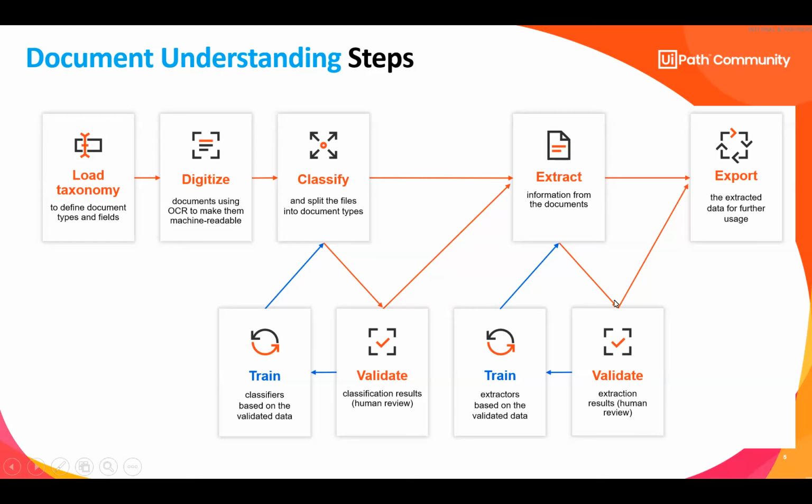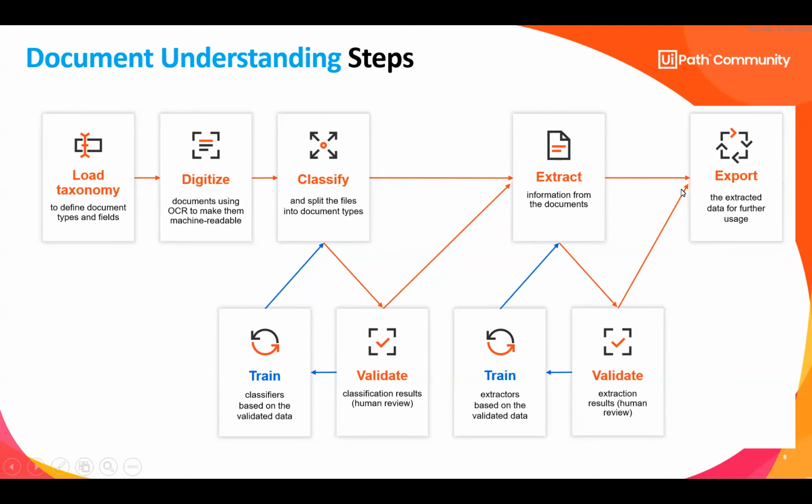Again, we can send the document for human review and then retrain the extractor. That way the platform will be able to learn from the human validated data. If I don't want to retrain any extractors, then simply send the invoice to human review and quickly jump to the next step or stage.